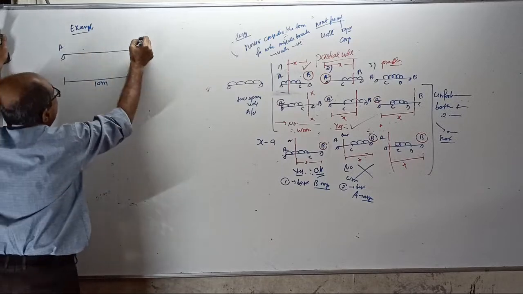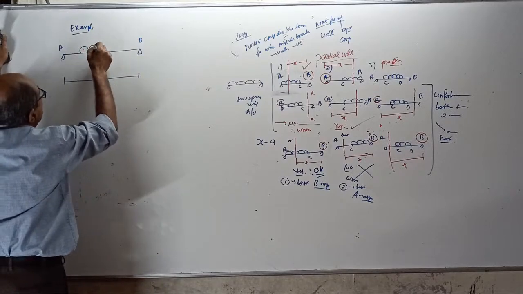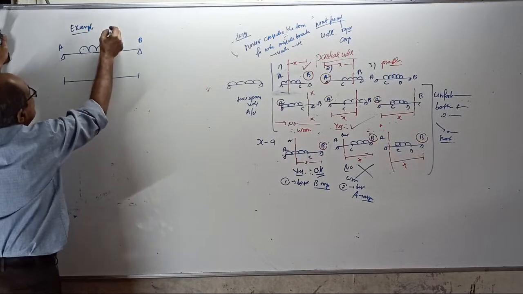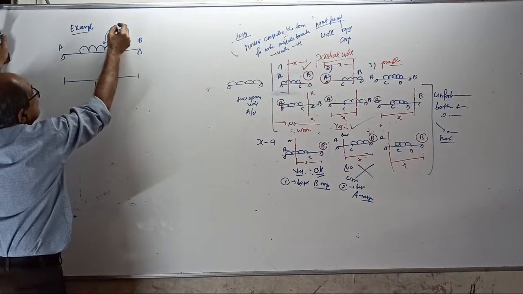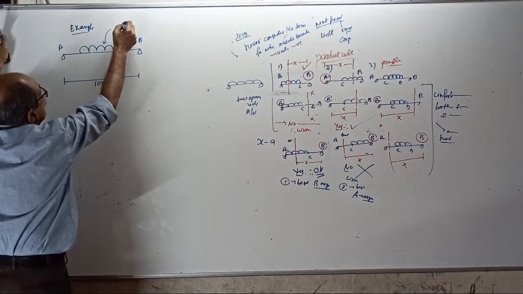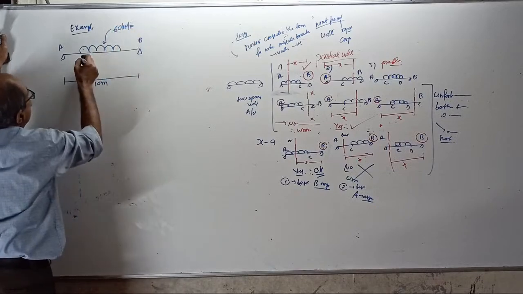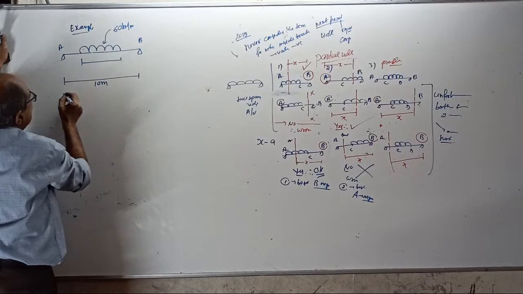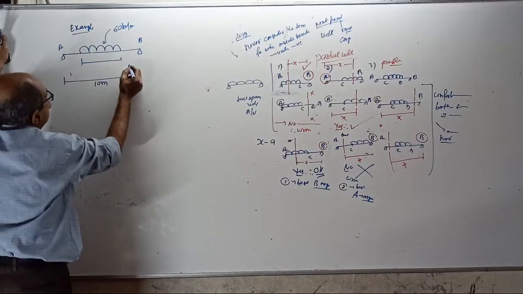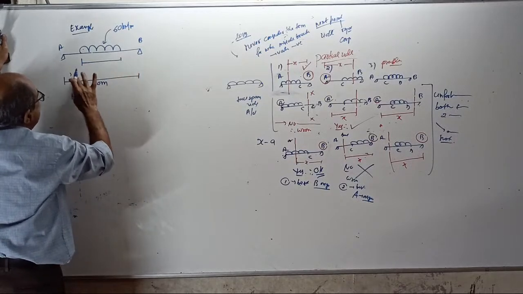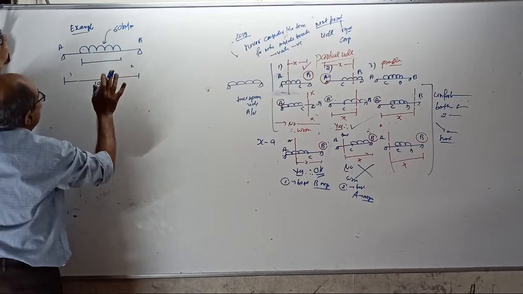This is A, this is B. You consider a partial UDL, say UDL of intensity some 60 kilonewton per meter, running for a length of, see, this is 3 and 4, better.